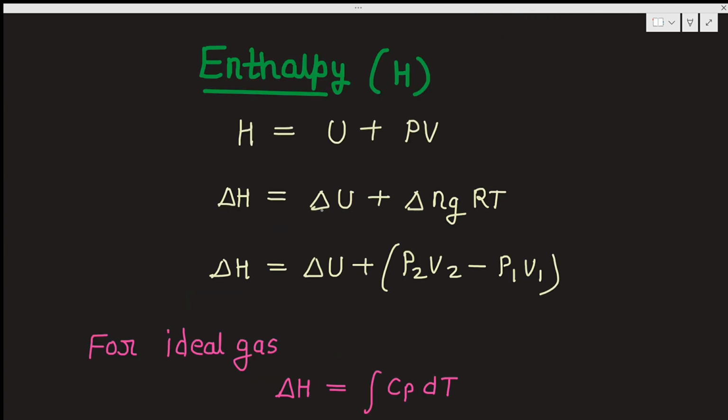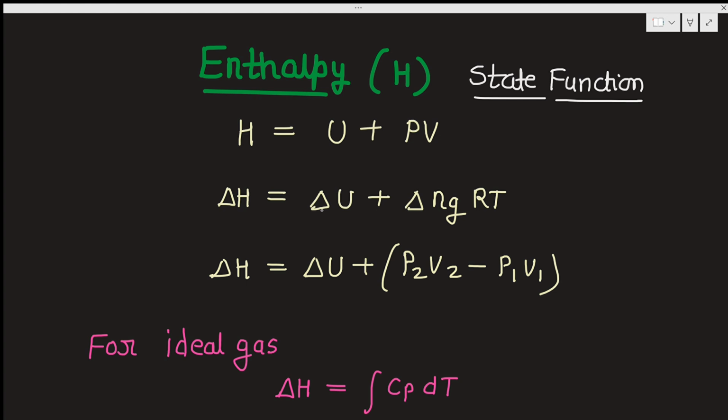Now see, the next thing is the enthalpy, H. This is the second state function. It is also a state function because its value depends only upon the initial state and the final state. Actually, H is given by U plus PV, or del H is given by del U plus del Ng RT. You can put RT instead of PV. Here you are taking del Ng RT.